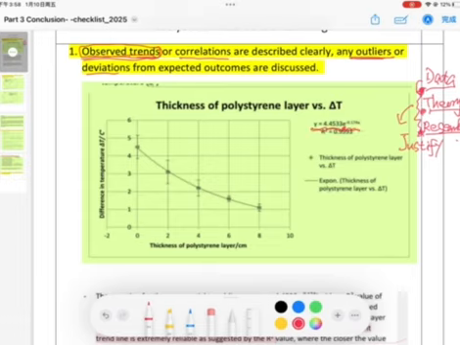And if you wanted to do a further analysis, you also need to do some linearization to make it into a straight line, and then talk about the uncertainty and the reliability of your conclusion, right? You could do it in the data analysis, or you could do it in the conclusion. There is no very clear boundary what this part should belong to, okay? But this is an essential part of your report.